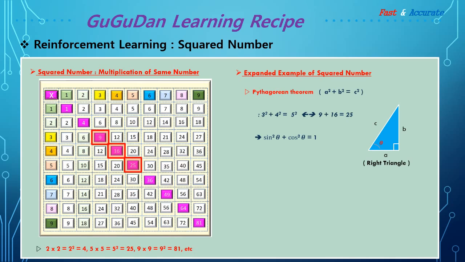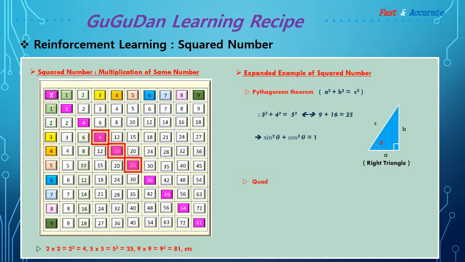There are no cases other than these 3 numbers where the square values of 3 consecutive natural numbers satisfy the Pythagorean theorem of a squared plus b squared equals c squared. These 3 numbers constantly appear in problems related to right-angled triangles, etc. In addition, the formula of trigonometric functions written under the Pythagorean theorem is also born from the relationship between the squares of the 3 sides of a right triangle, so it will be helpful to look at it early.